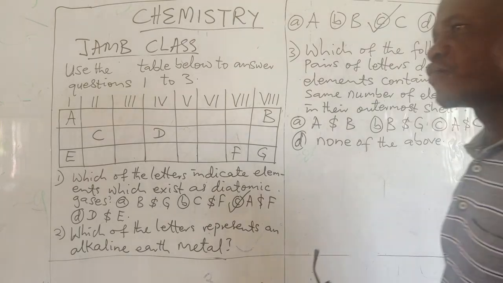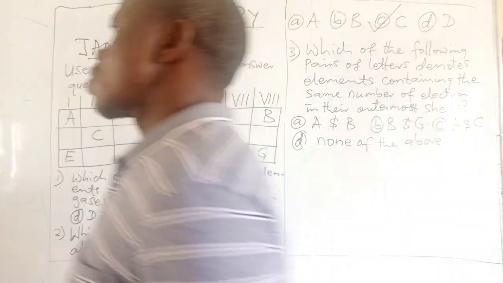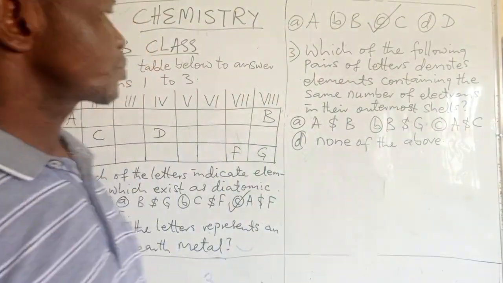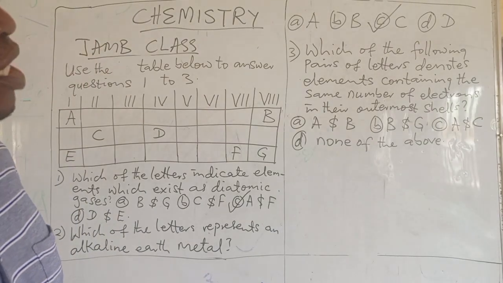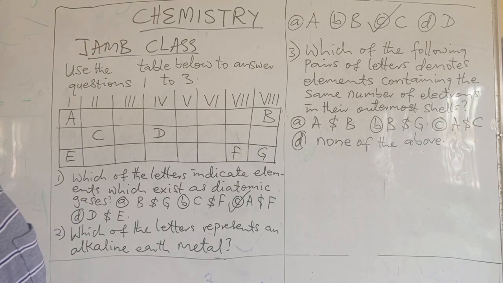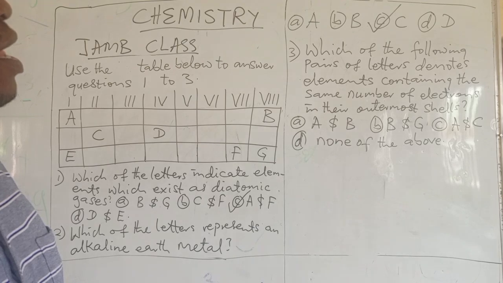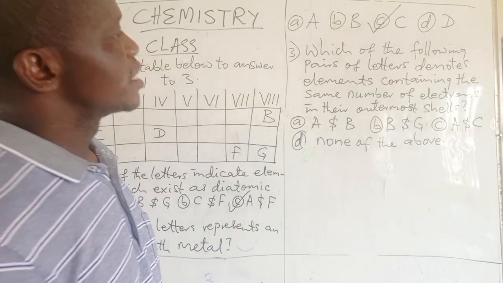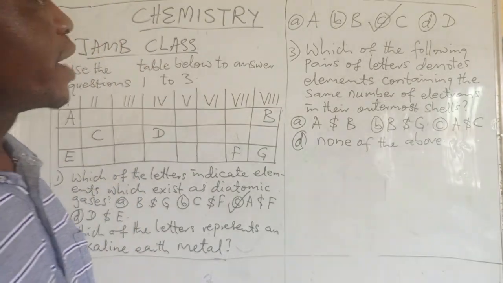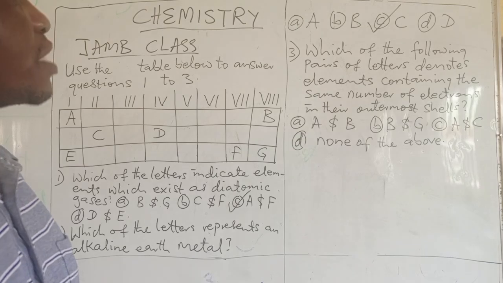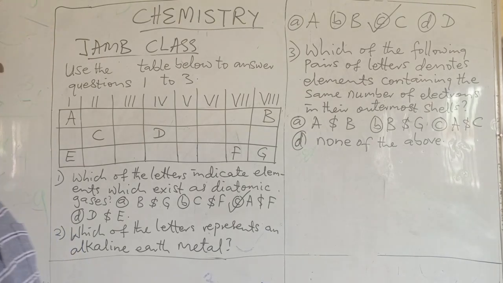Now let's move down to question number 3. Number 3 says, which of the following pairs of letters denotes elements containing the same number of electrons in their outermost shell?